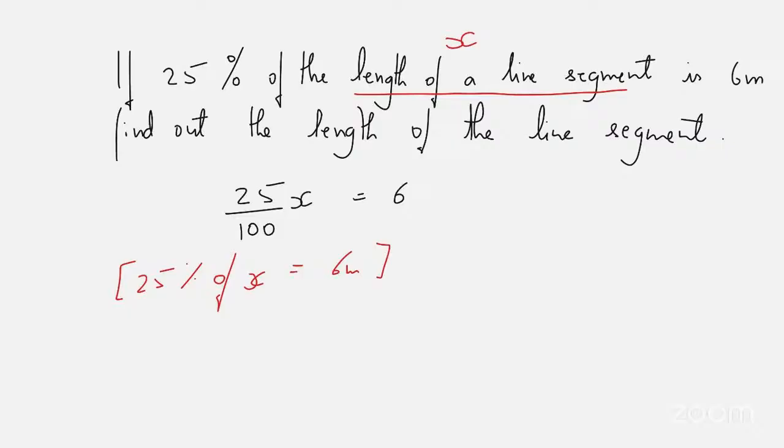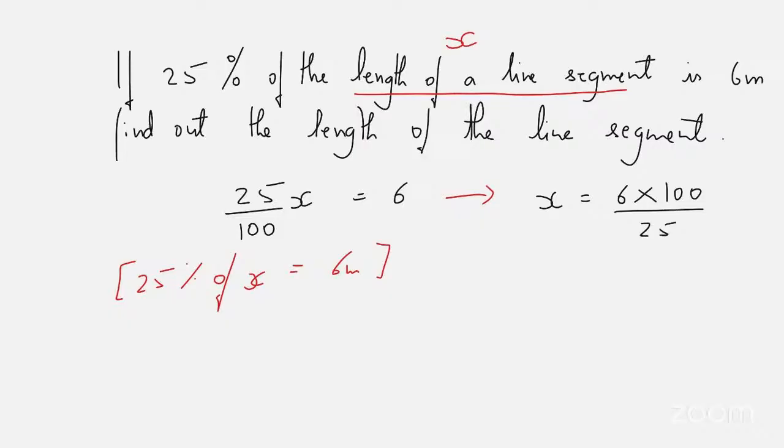So x is equals to, after this step, you have to write this step. X is equals to reciprocal. When x goes from this side to that side, reciprocal happens. So it will become 6 into 100 upon 25.